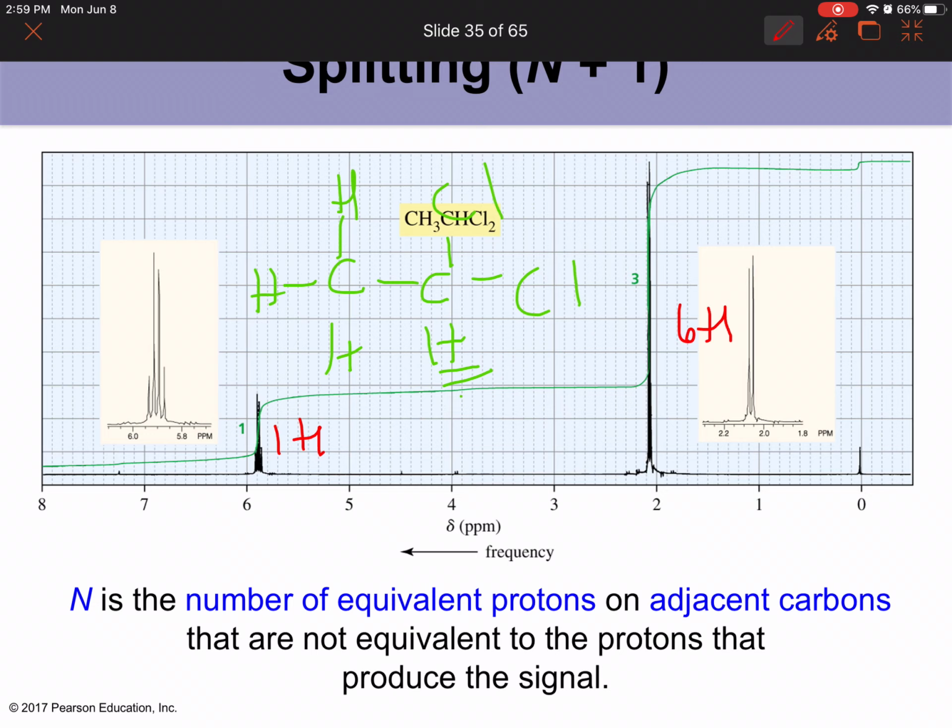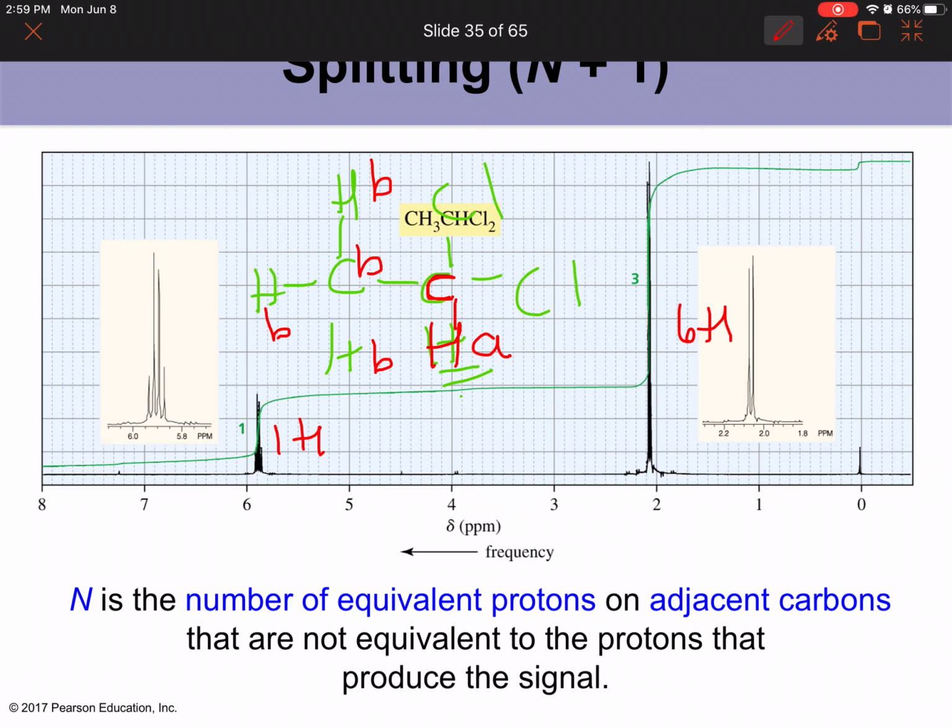Now we're going to look at this carbon. Let's say this is carbon A, or hydrogen A, and these are all B hydrogens. Hydrogen A is attached to this carbon, and the adjacent carbon, B, has 3 hydrogens.